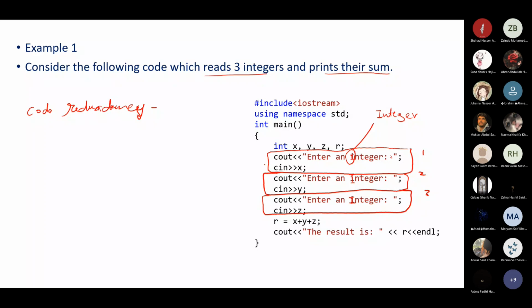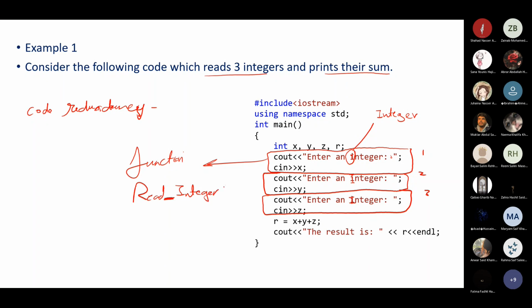So what to do? Instead of repeating the code again and again, I will put it in a function. Okay, let's call it read_integer. By the way, you cannot put a space. That's why I put it read_integer.